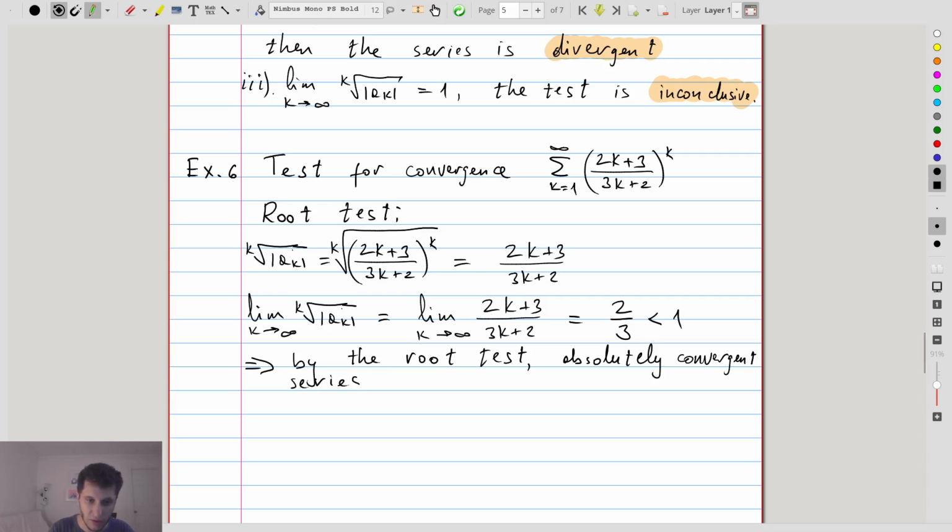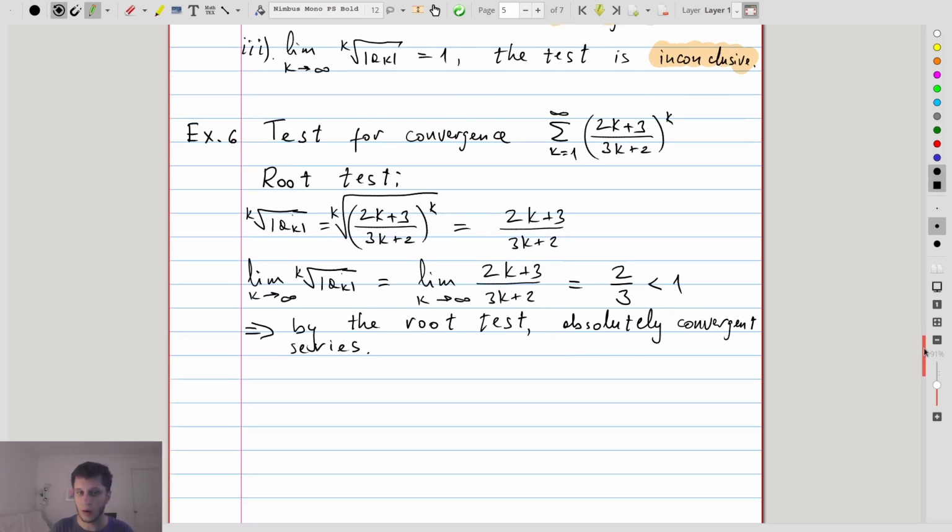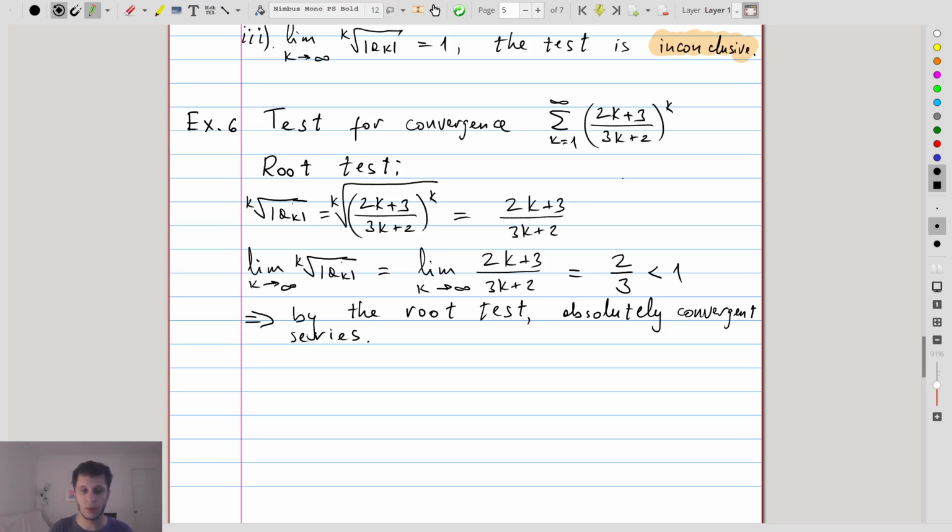And so this is how we answer the question about convergence for this series. We have determined that it is convergent, in fact, absolutely.